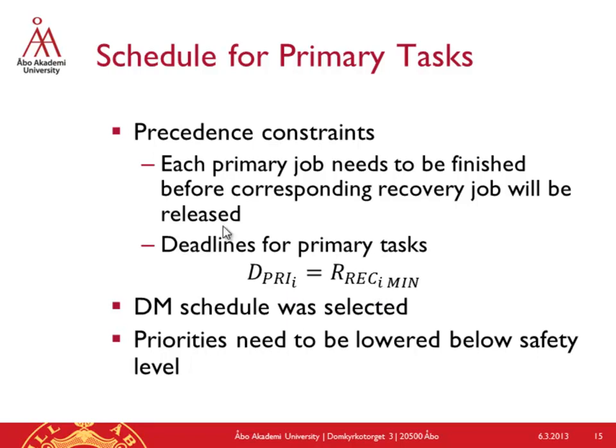And as long as we are assigning this schedule by deadlines, we are able to use the deadline monotonic algorithm to schedule these primary tasks. And of course, the priority should be lowered below the safety level to ensure preemption by the recovery versions or primary alternative versions.